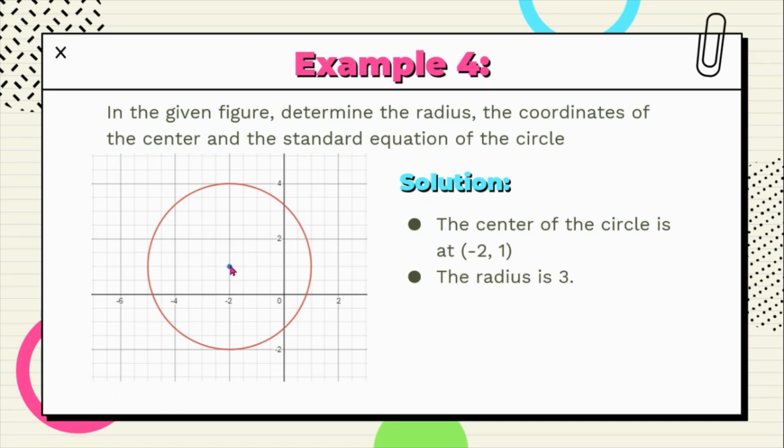The radius is 3: 1, 2, and 3. And the standard equation, given the center is (-2, 1) and the radius is 3, is (x plus 2) squared plus (y minus 1) squared is equal to 9.